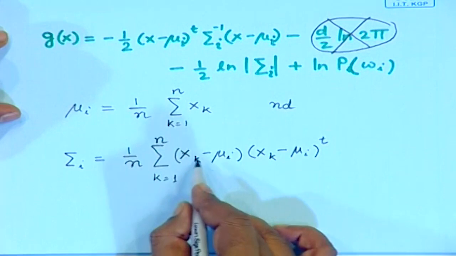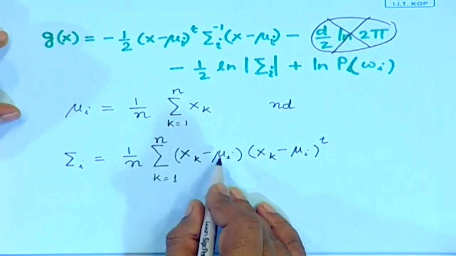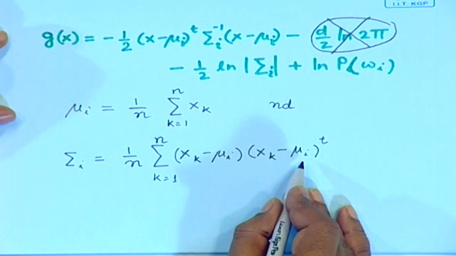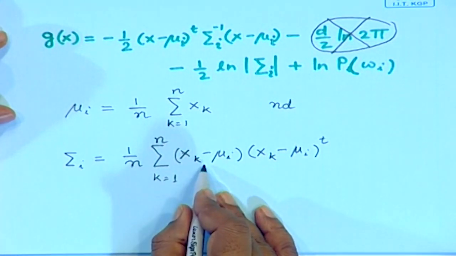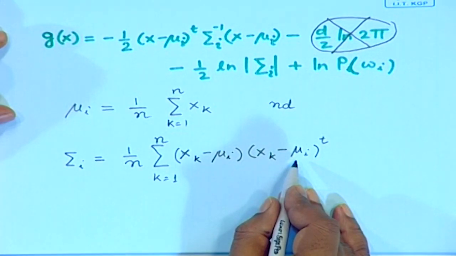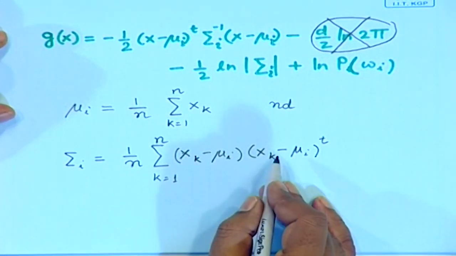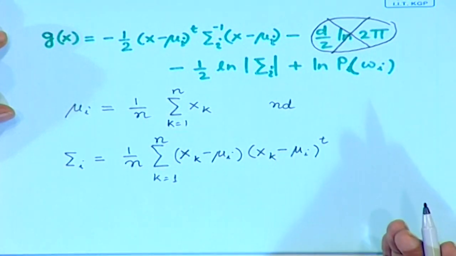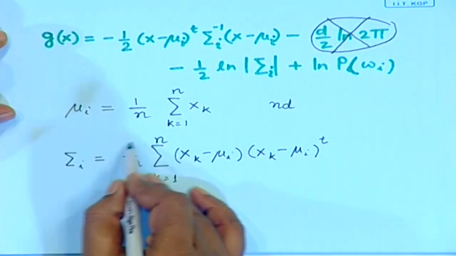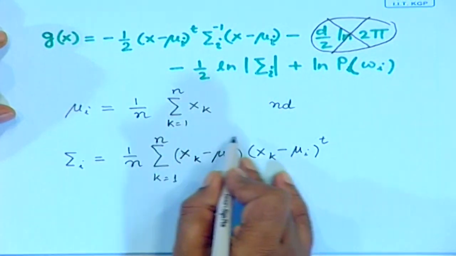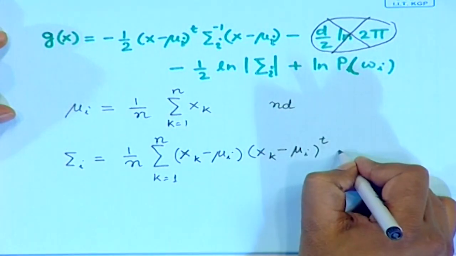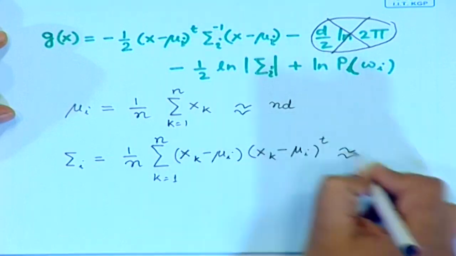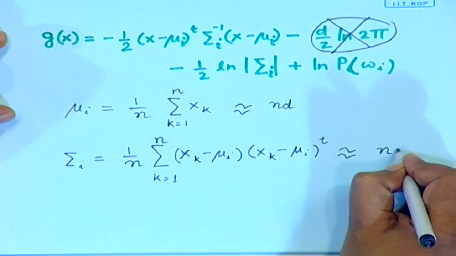This first factor is a vector of dimension d by 1, and this one is a vector of dimension 1 by d. When I compute the product, I get a matrix of dimension d by d, that is d square. Following a similar manner, the computation of this sigma i takes an amount of the order of n into d square.